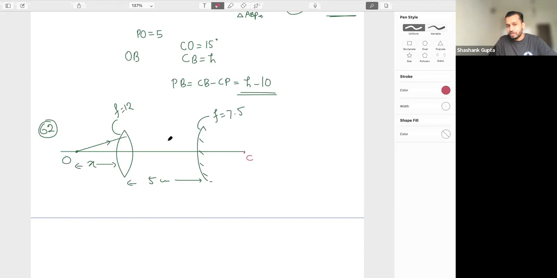If my ray, after extending, passes through the center of curvature, can I say it is exactly falling perpendicularly? If it is falling perpendicularly, it will reverse its path and the final image will be formed at the object itself. First, try and understand the concept. Because it is a diverging mirror, if after crossing the lens it falls perpendicularly on the mirror, it will retrace its path.